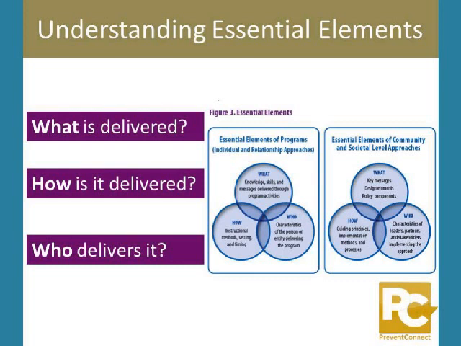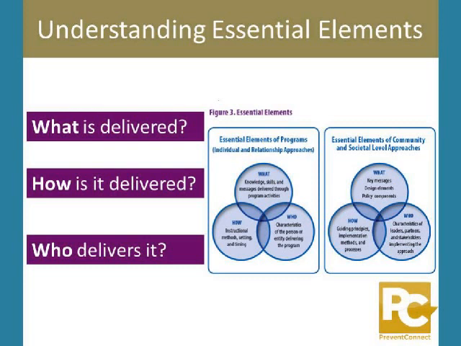On the left Venn diagram, essential elements of programs: the what includes things like the knowledge, skills, and messages that are delivered through program activities. The how is often the instructional methods, setting, and timing of activities, so really the delivery component. And the who refers to the characteristics of the person or the organization delivering the program.